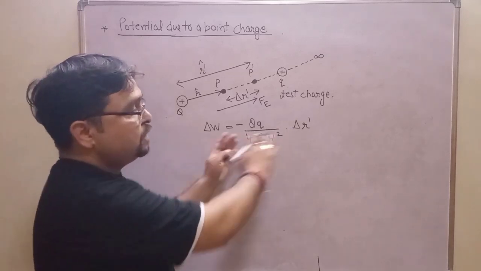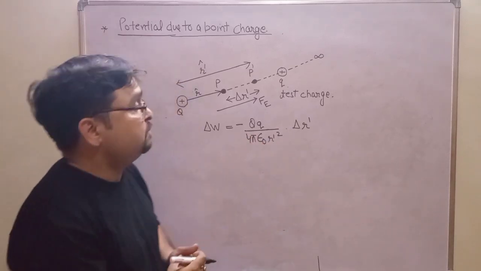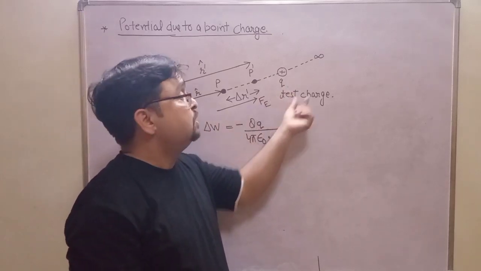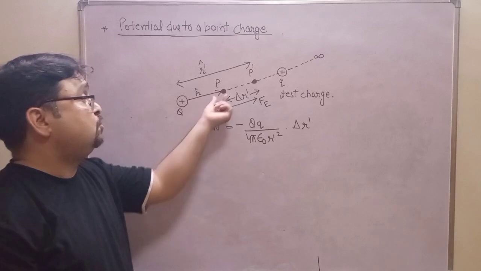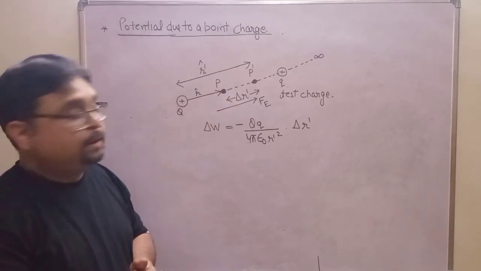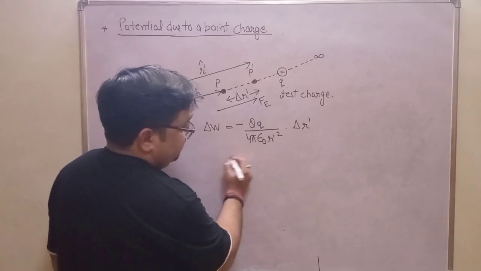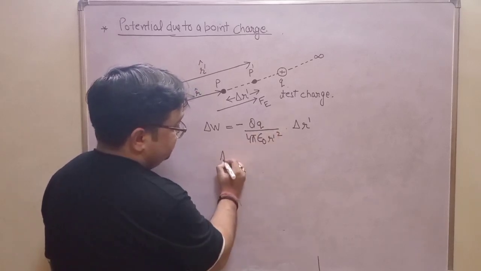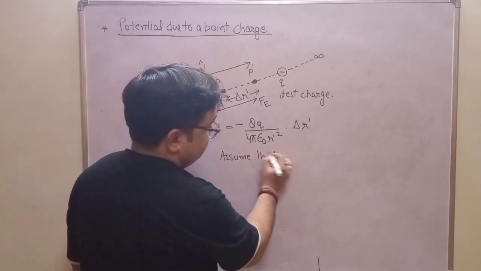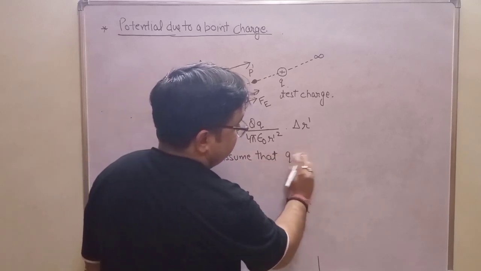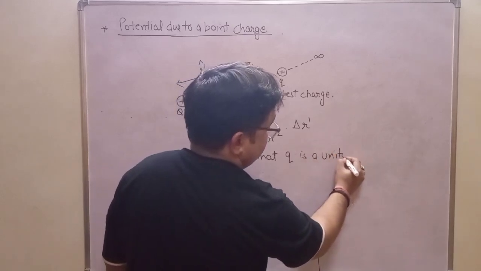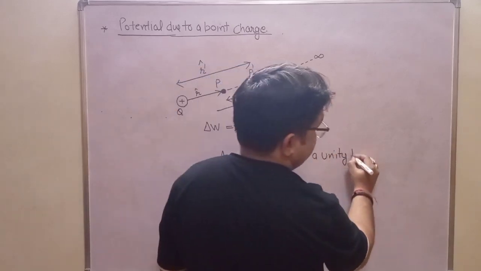Now how to find the total work done? Total work done means work done in moving this small test charge from infinity to point P. Assume that small q is a unity test charge.